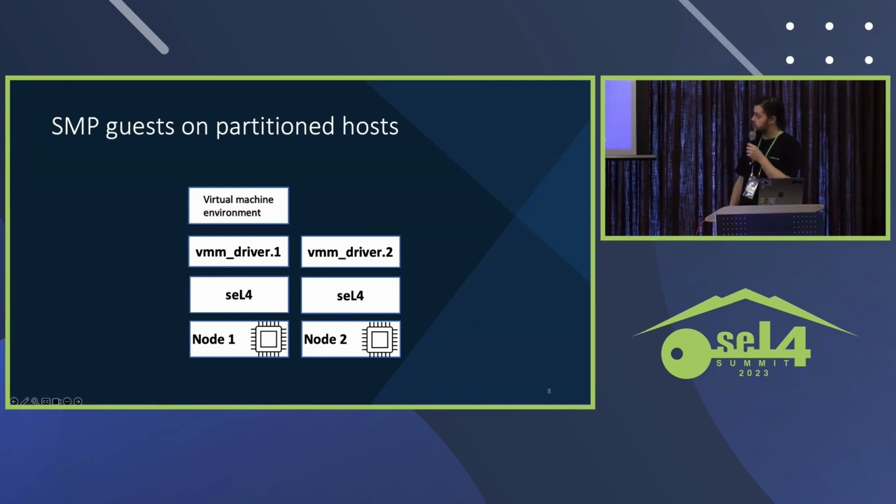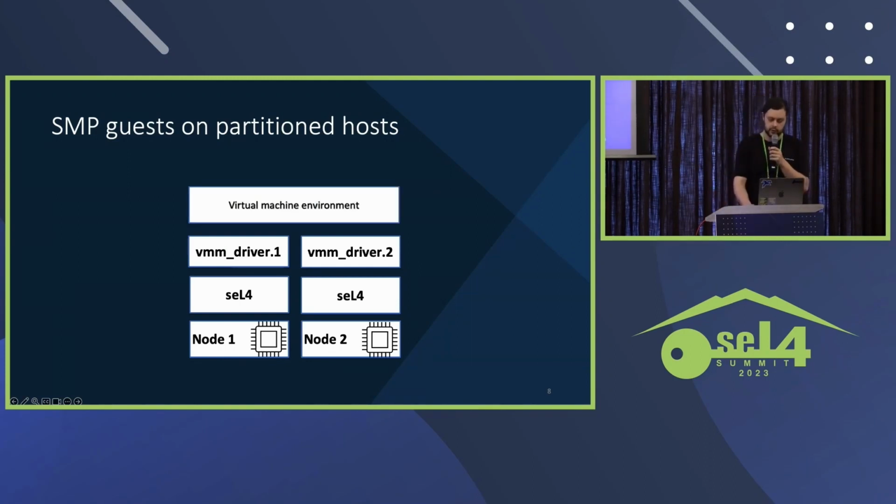But because of the partition model of seL4 and the partitioned multi-kernel, we have a separate seL4 instance running and managing the resources for that second core, which means it needs to have a second application running on top, a VMM driver as well, that has a separate address space and minimal sharing with the other VMM driver. But if we want to run a single guest, that means we have to have a single virtual machine environment for that guest to run in.